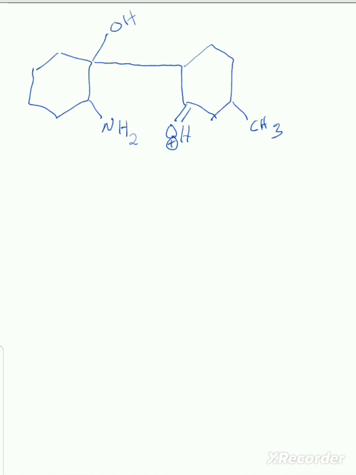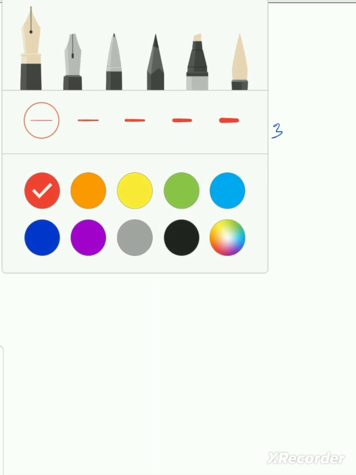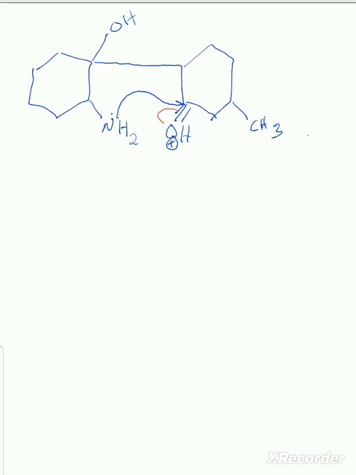So what will happen when you reach there? This NH2, the nitrogen has got lone pairs, which will come and attack the carbon that bears the protonated OH. Then this will open.